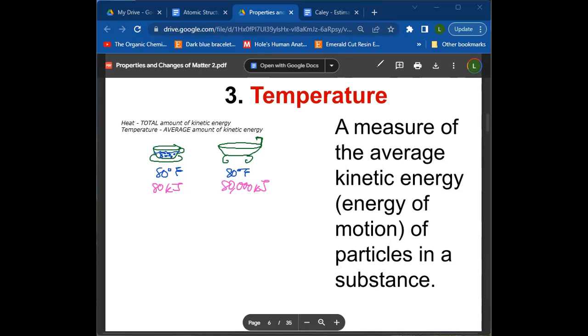Okay, and that's because the bathtub has a lot more molecules in it. So if you added up the amount of energy of each of the molecules in the bathtub, obviously, because the bathtub has way more molecules, the sum total of the amount of energy is going to be much larger.